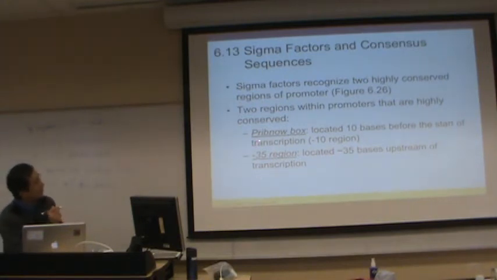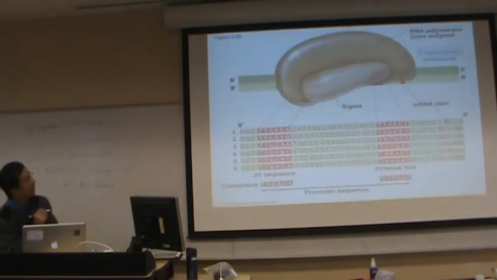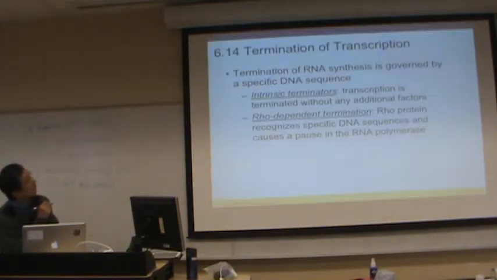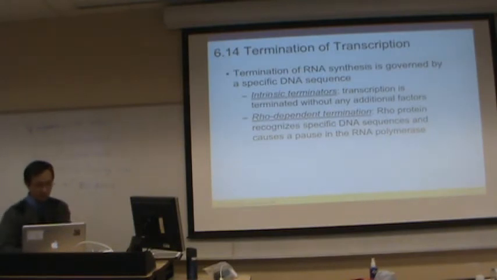One is called the Pribnow box, -10. The other is called the -35 region. These are the two boxes. The termination will have intrinsic, which usually requires an RNA secondary structure, or something called rho-dependent termination. Okay, let me show the animation.